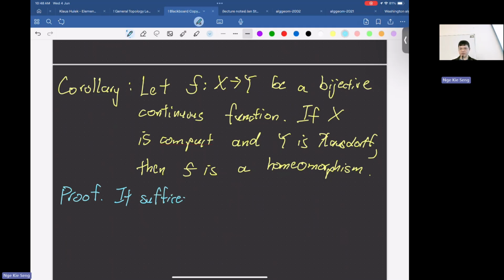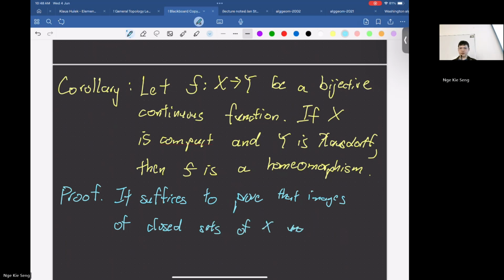Let's think together. It suffices to prove that the images of closed sets of X under F are closed in Y. So continuity says what?